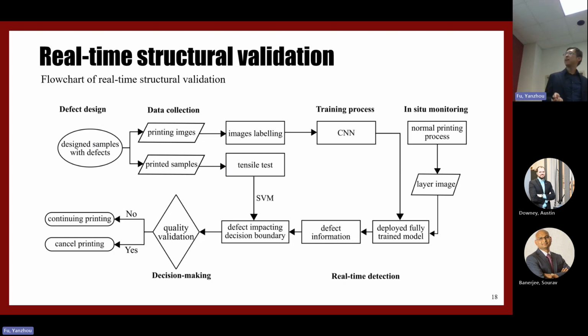And based on the evaluation result, the decision-making system will make the right decision. If there is an impactful defect, then the system will cancel the printing. If the existing defect or this layer is good, then we can continue the printing. So this process will repeat until the whole product is finished or some impactful defect occurs.